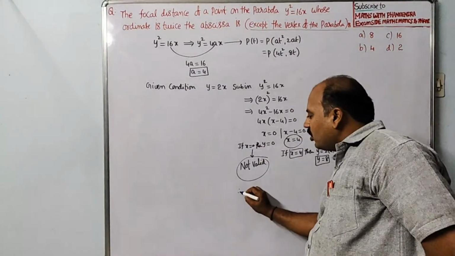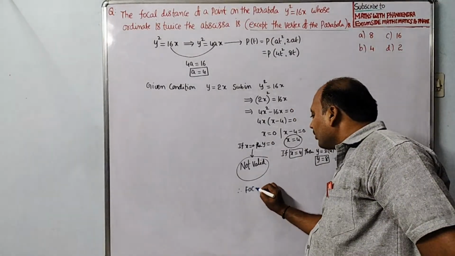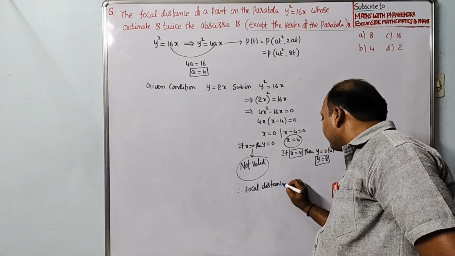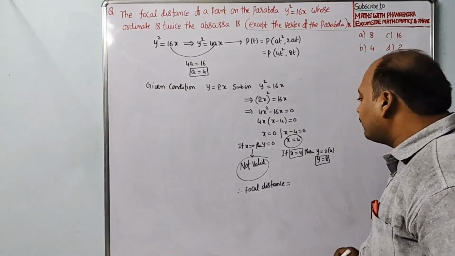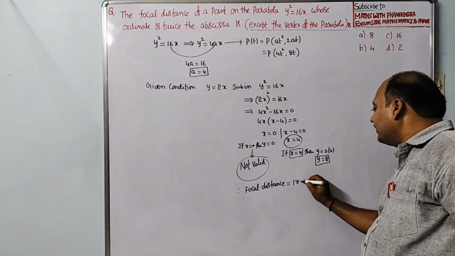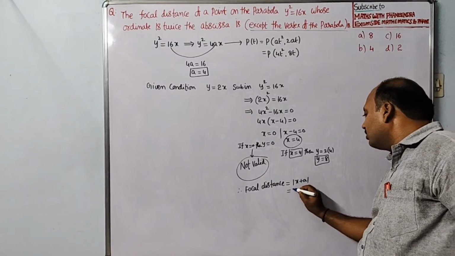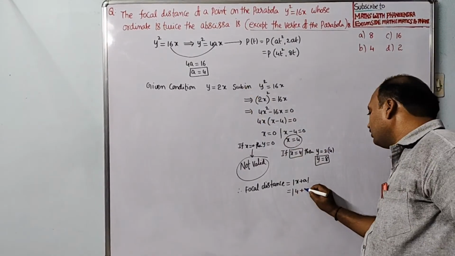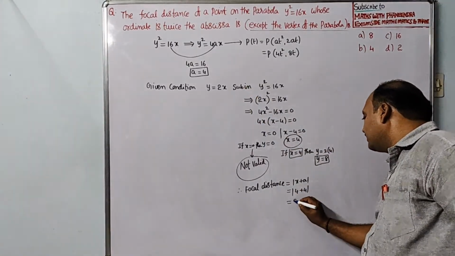What is the formula for focal distance? The distance from focus to the point on the parabola is mod x plus a. So it is equal to mod x value 4 plus a value, which is also 4. So 4 plus 4 is 8.